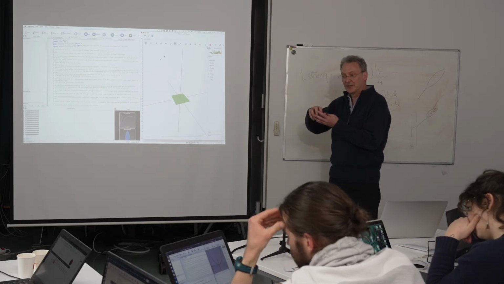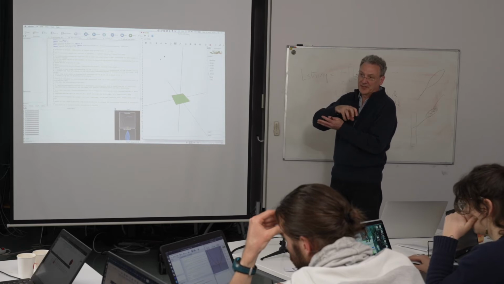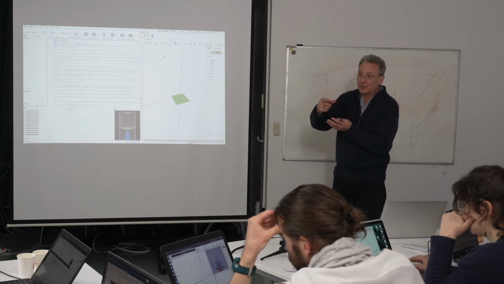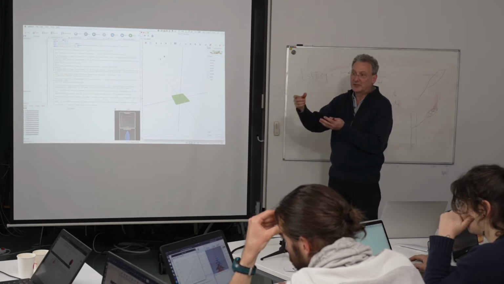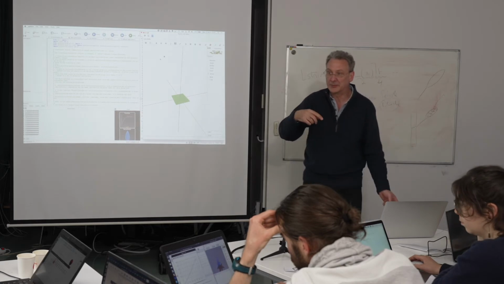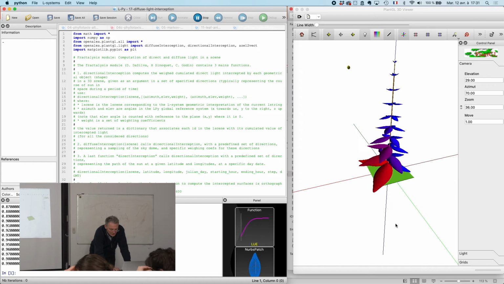And then the light intercepted by each mesh or each triangle in the leaf will be sent back to the lstring, and the lstring will compute its growth according to the amount of light that each leaf receives. So there is a feedback between the environment and the leaf. And this is the way it goes.